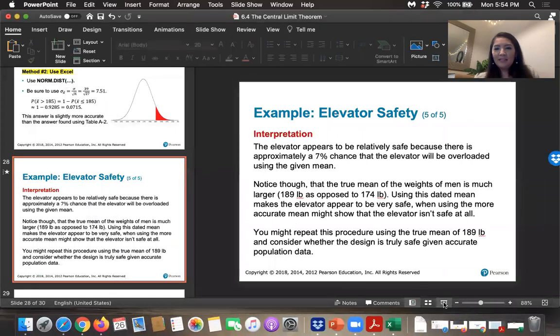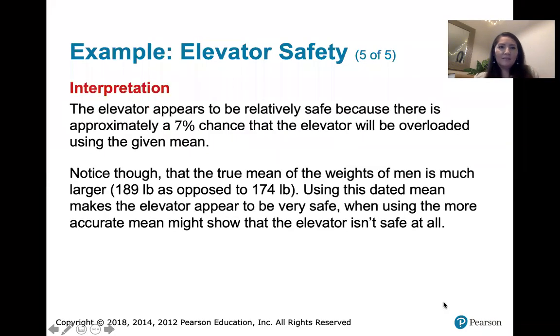If it turned out that there's only a 7% chance that the elevator is overloaded, but it continued to break, the elevator's having issues every time a number of men get on the elevator, it just keeps breaking and breaking and breaking. And there's only supposed to be a 7% chance that that's happening, but it's happening a lot more often. We might say, well, our assumptions must be incorrect. And maybe the assumption that is incorrect in this case is that the mean weight of men is 174 pounds.